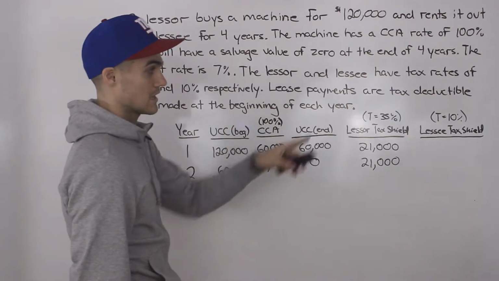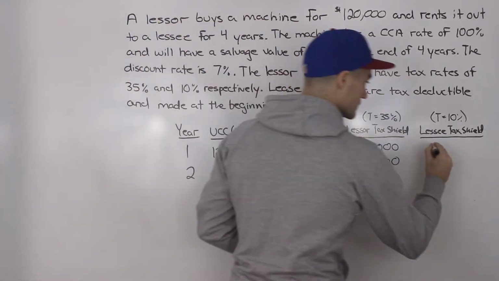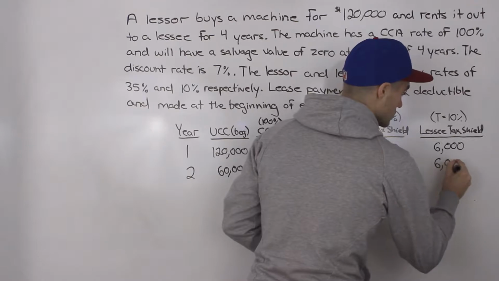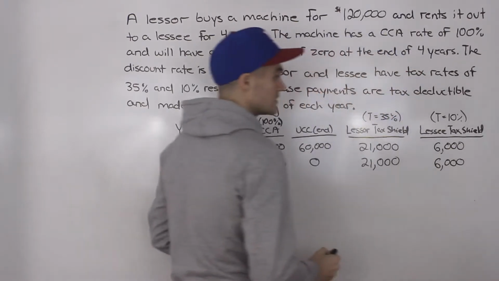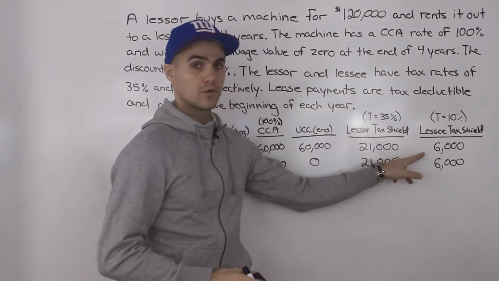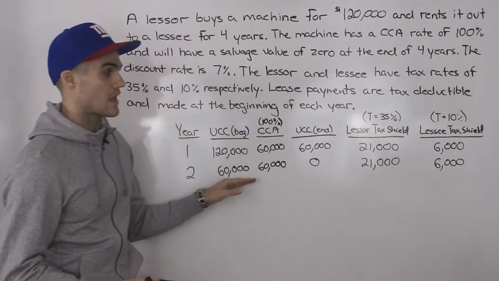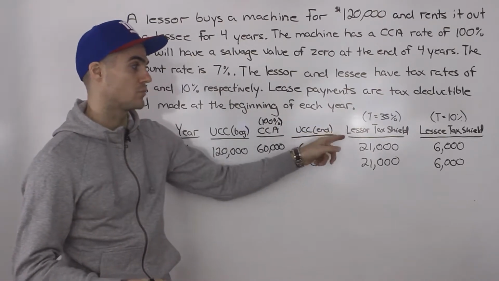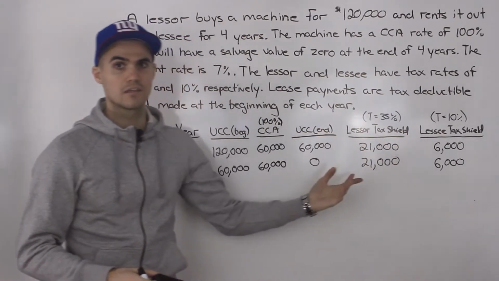So 60,000 times 0.1 gives us 6,000 in years 1 and 2 for the tax shield. So these are the two columns that we are going to be using in parts A, B, and C. The tax shield, the CCA tax shield for both the lessor and the lessee.